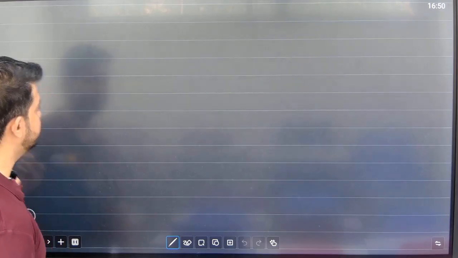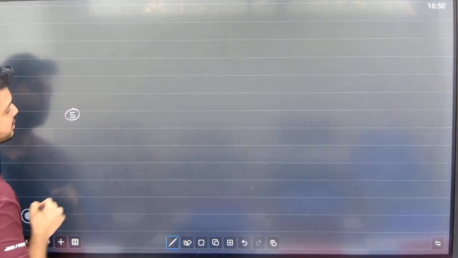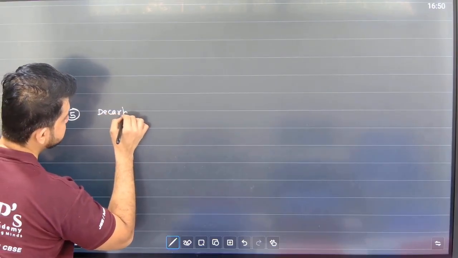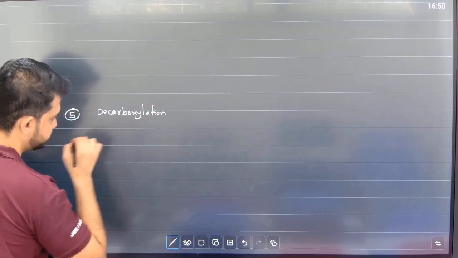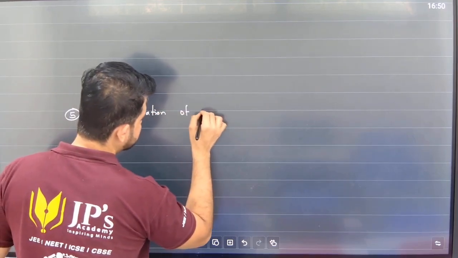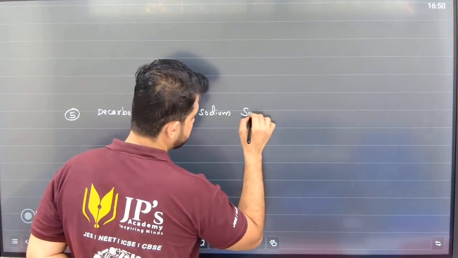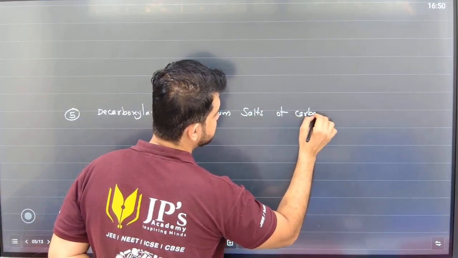Let's move ahead with the next very, very important reaction, which is decarboxylation of sodium salts of carboxylic acid.